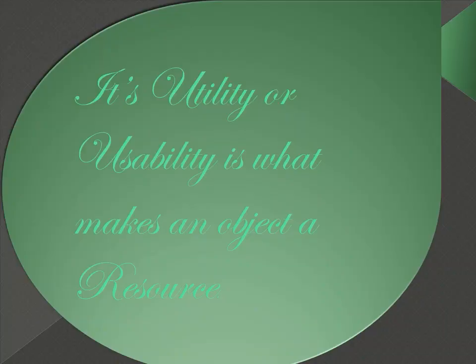We saw in the picture everything has a use. This is the answer to the question, what makes an object a resource? Its utility or usability is what makes an object a resource.